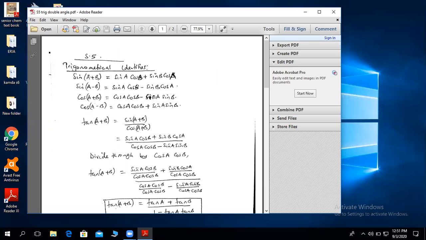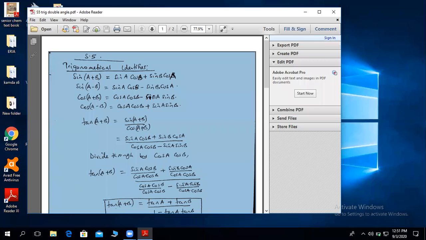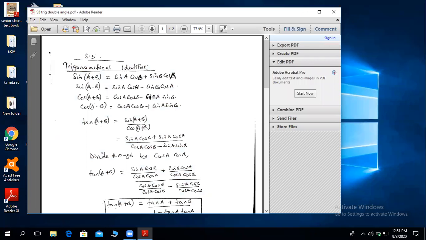So I now have sin(A+A). So what will the answer be? It will be sin A cos A, because where there is B, I have put there A. Plus, now where there is B, I put there A, so it will be sin A cos A.